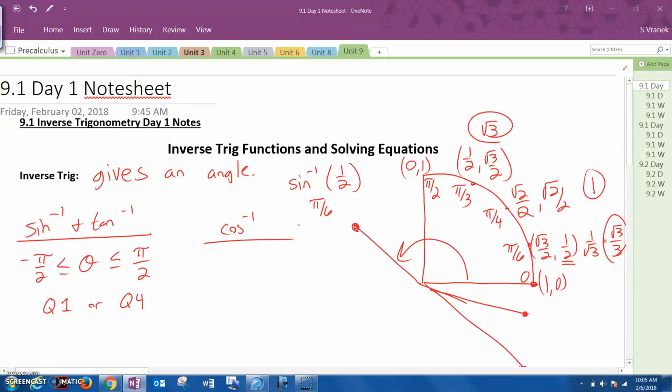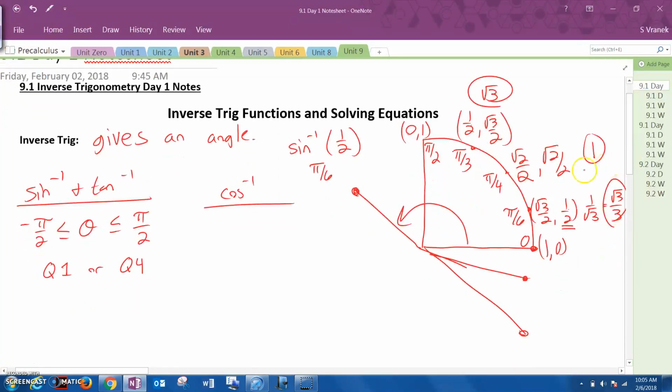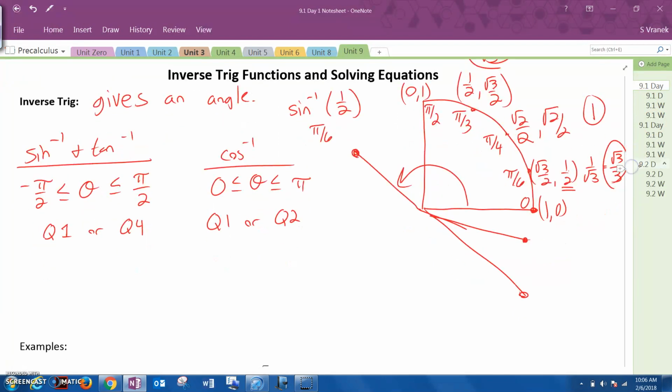We need to cover all the negative and positive possibilities. So cosine inverse gives you an angle between 0 and pi, which is in quadrant 1 or quadrant 2, because quadrant 2 is where cosine is negative. So remember, we don't ever use quadrant 3 for this.